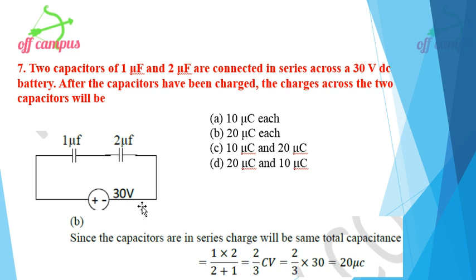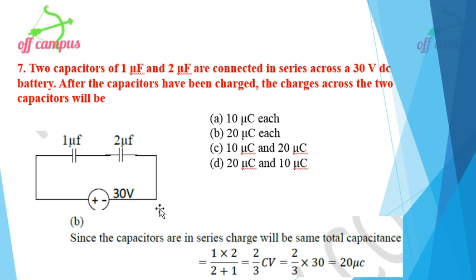Here, since the capacitors are in series, the total capacitance will be C1 C2 divided by C1 plus C2. So, 1 into 2 divided by 2 plus 1, we will get 2 by 3. This is the total capacitance value. So, Q equal to CV. 2 by 3 is the C value.